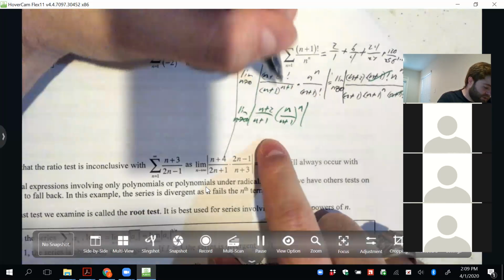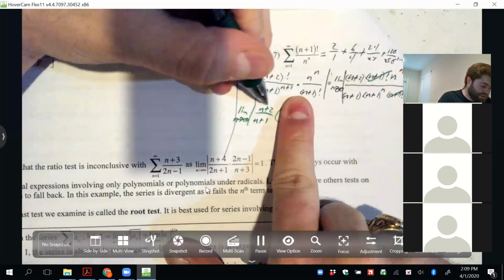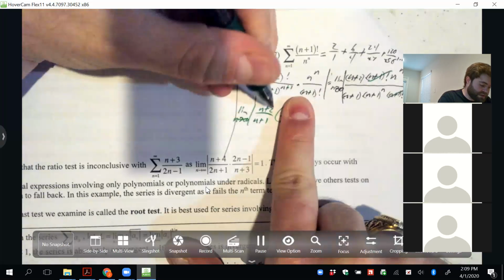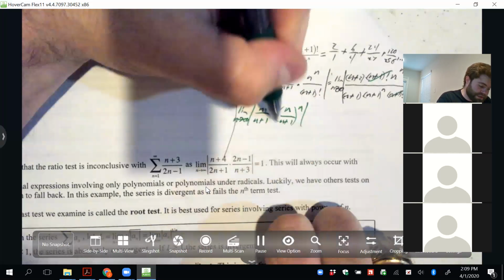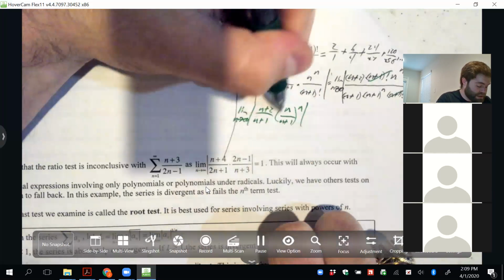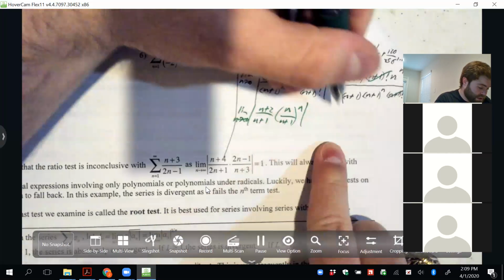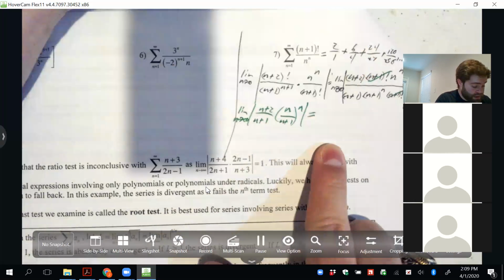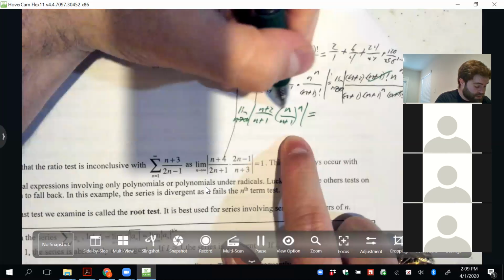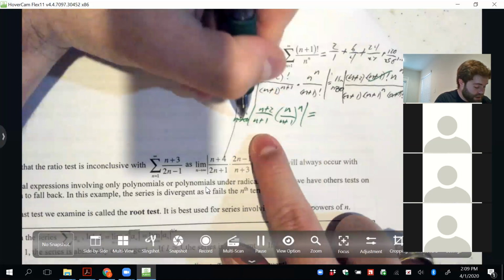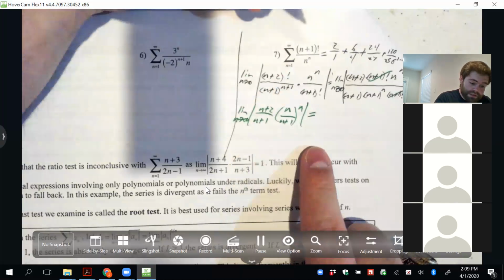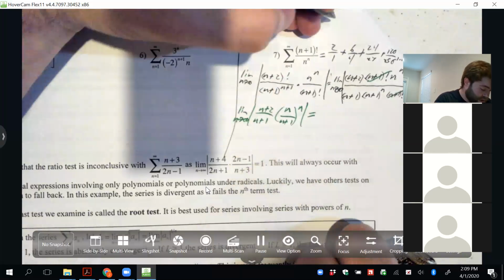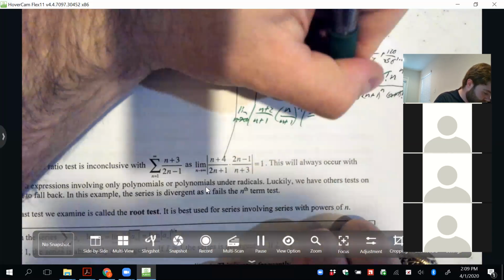Well, if we ignore that part, we have n plus 2 over n plus 1. As that goes to infinity, that's going to go to 1. So we really just have this going on that we care about. And if you were to take out your calculator and see what this is going to approach as you go off towards positive infinity, it interestingly ends up going towards 1 over e.